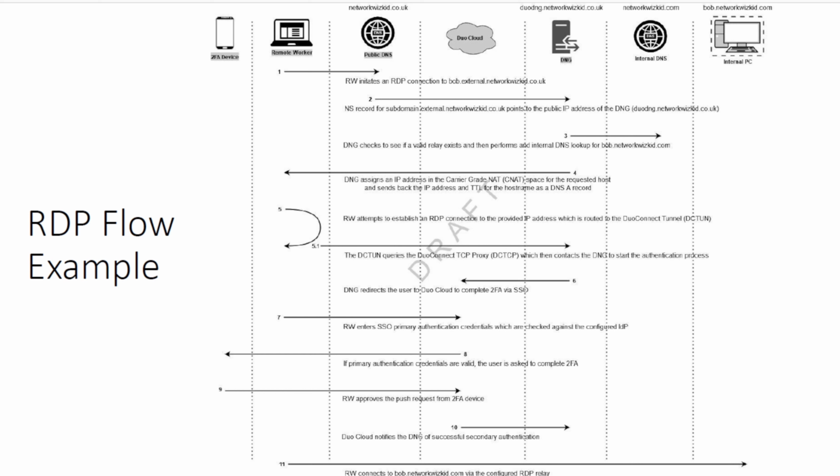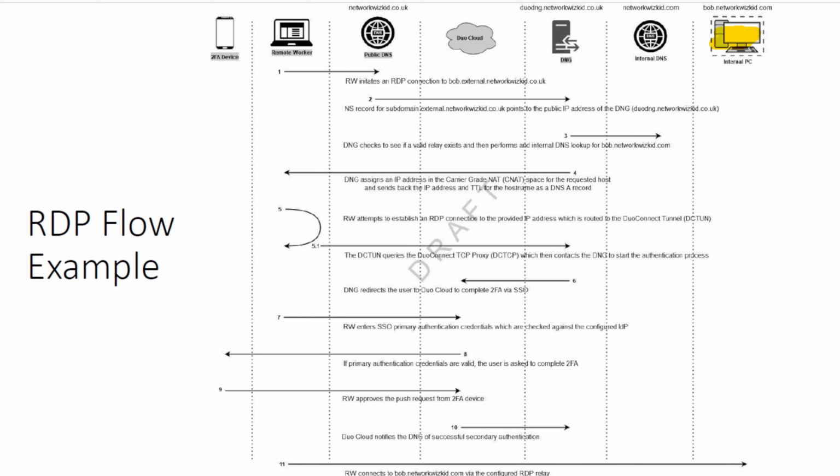What first happens is that the remote worker initiates a remote desktop connection to bob.external.networkwizkid.co.uk. So Bob is the internal PC, as you can see, let's see if I can annotate this.